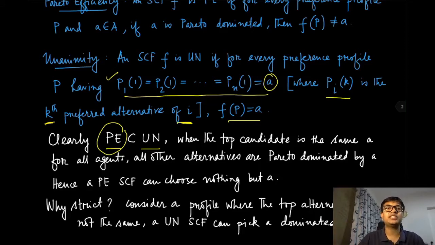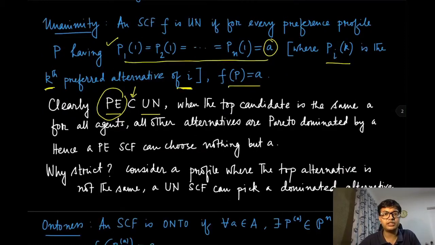Which is essentially nothing but unanimity. So if we have a Pareto efficient social choice function, then we can show that it is unanimous. And we also claim this is a strict containment. That is, the set of social choice functions which are Pareto efficient is a strict subset of the unanimous social choice functions.